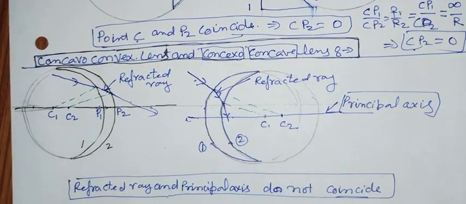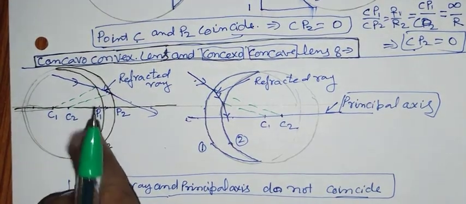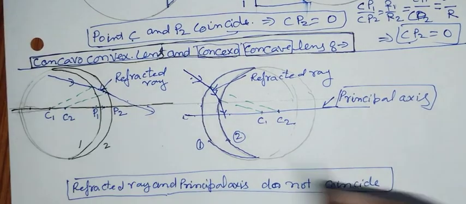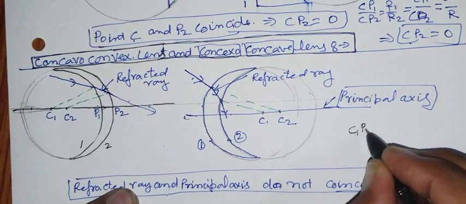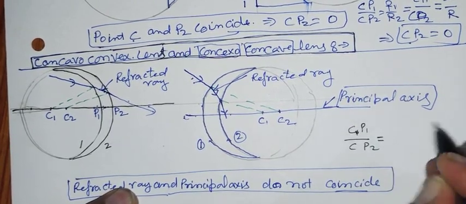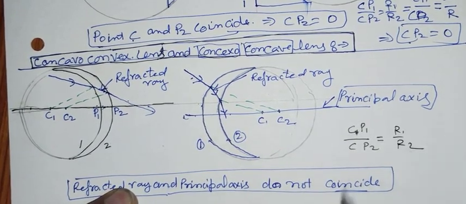The normals do not coincide with each other, neither in the first type of lens nor in the second type. Then let us see what the formula says: CP1 by CP2 is equal to R1 by R2.